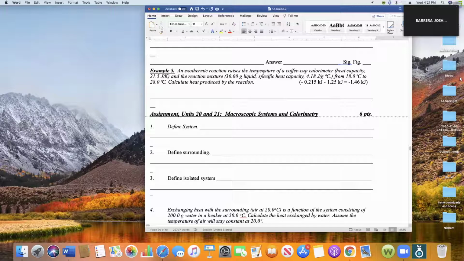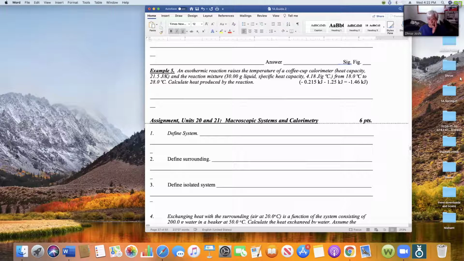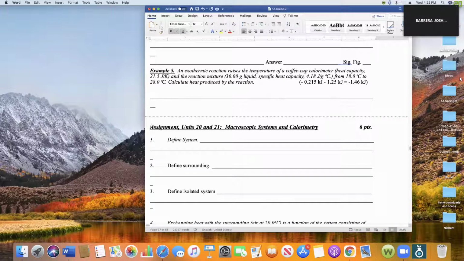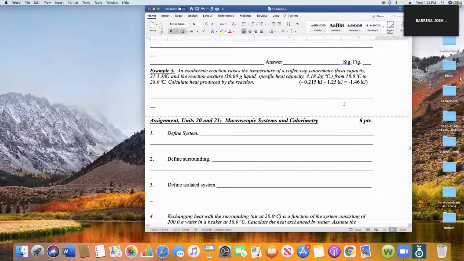Going from that, we have our 30 grams of liquid. So Q liquid is 30.00 grams times the specific heat capacity of water, 4.18 joules per gram Kelvin. The specific heat capacity of the liquid is the same as water because it's almost water anyway; it is given to you. Then you multiply those together, and you also multiply by the change in temperature, so you cancel out grams and Kelvin.